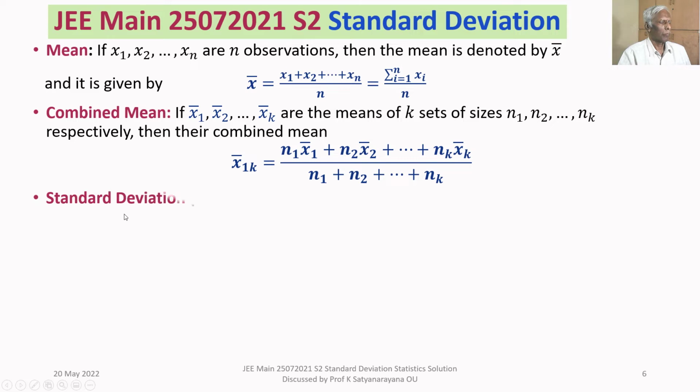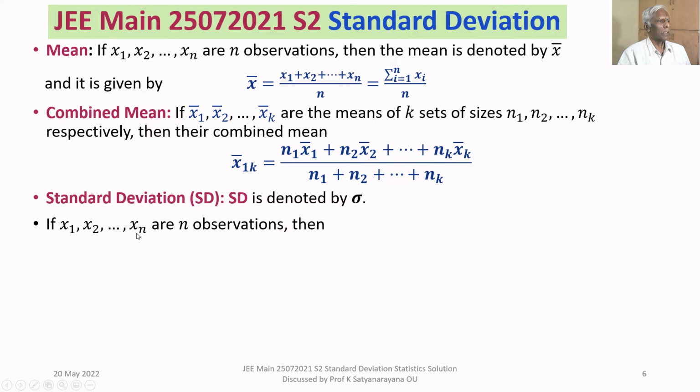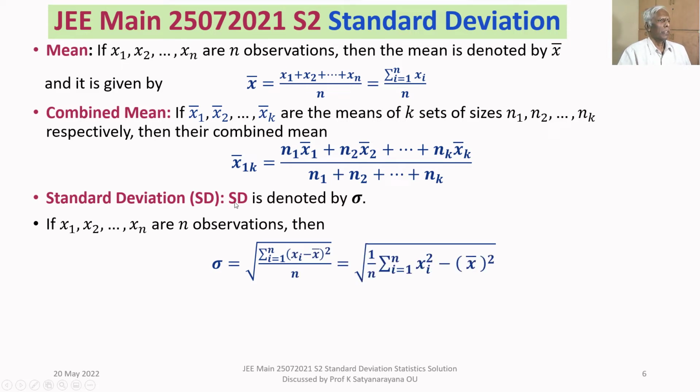Standard deviation is denoted by SD, and it is denoted by sigma. If x1, x2, ..., xn are n observations, then its standard deviation is given by sigma is equal to the square root of the summation, sigma i is equal to 1 to n, of xi minus x bar whole square by n.